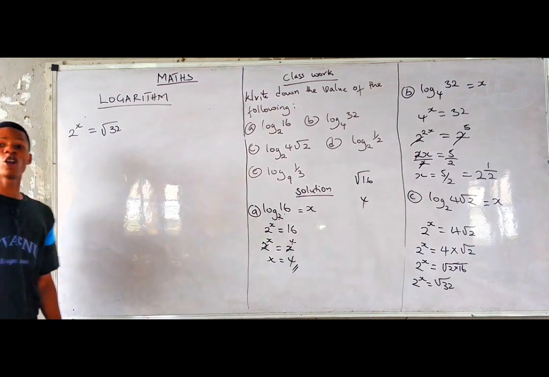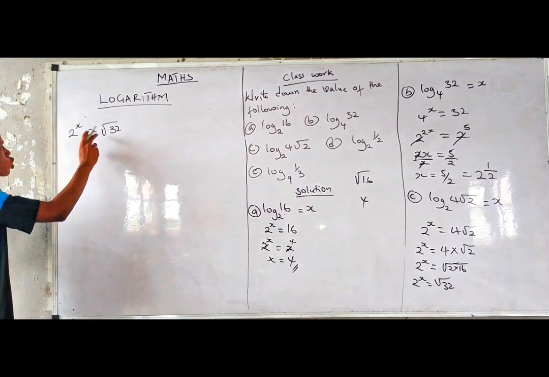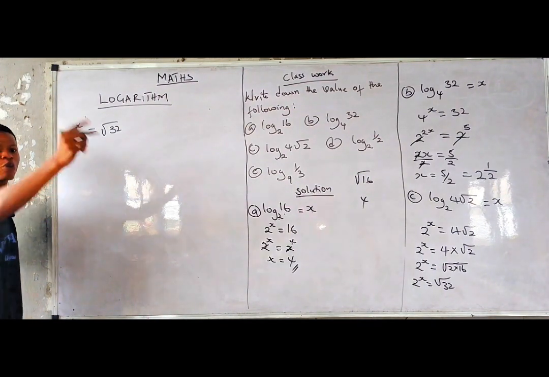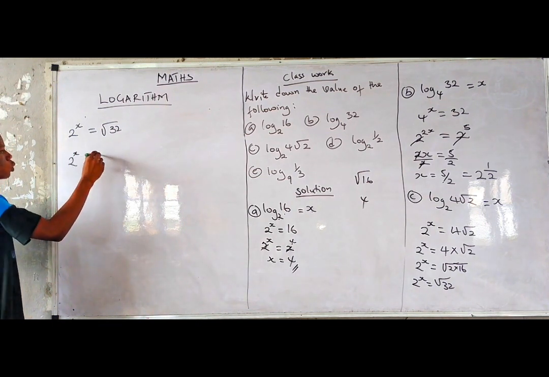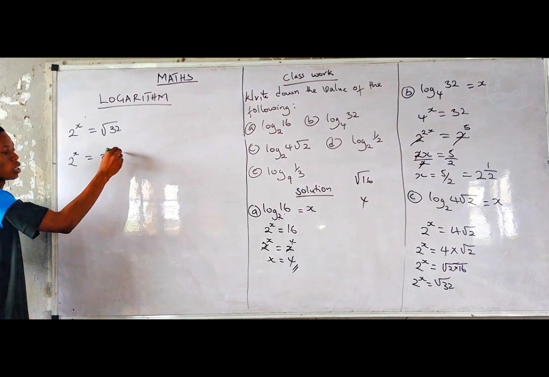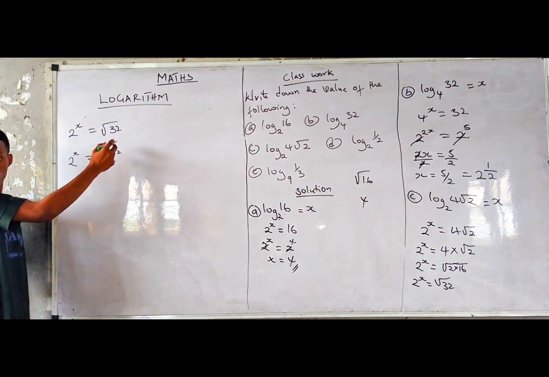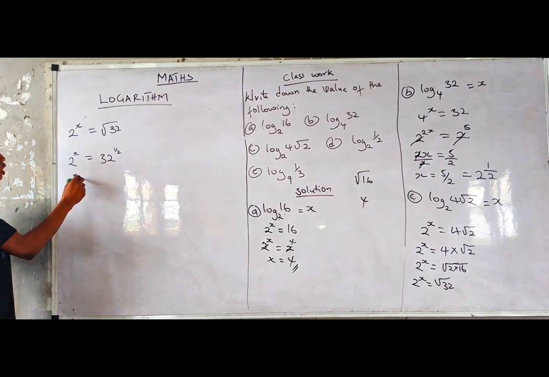And you remember from the laws of indices, you see why I said indices is the basis. If we want to remove this square root here, what do we do? Raised to power half. Thank you. 2 raised to power x is equal to 32 raised to power half. Remember, half is take the square root. If it is 1 over 3, cube root. Is it not? Now, this 2 raised to power x equal to 32.